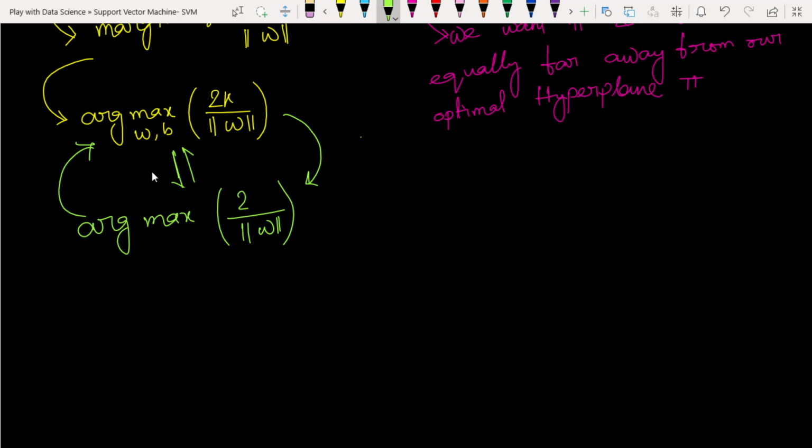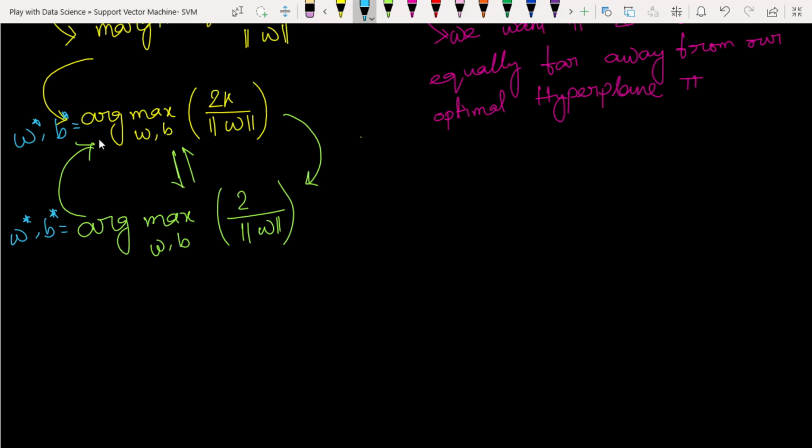Both are similar kinds of equations, because at the end of the day we have to find w and b. We are interested in finding the optimal w star and b star. If w star and b star work for this equation, and the same w star and b star also work for the other equation, then I think there is no problem.